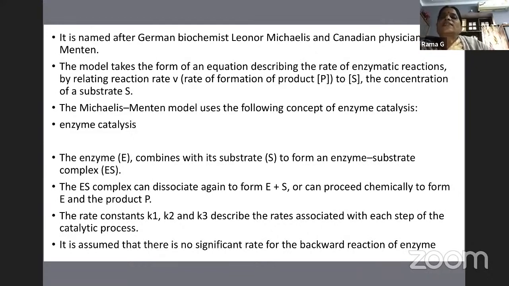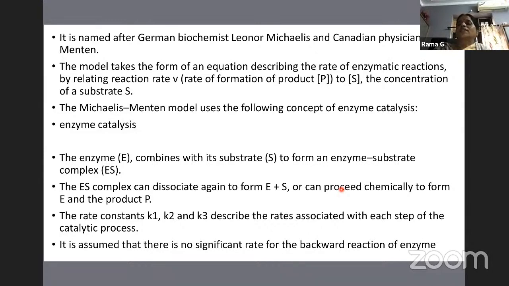The enzyme combines with the substrate to form an enzyme-substrate complex. This ES complex can dissociate again to form enzyme plus substrate, or it can react chemically to form enzyme and the product P. The rate constants K1, K2, K3 describe the rates associated with each step of the catalytic process.